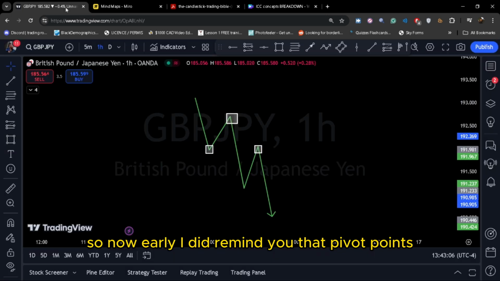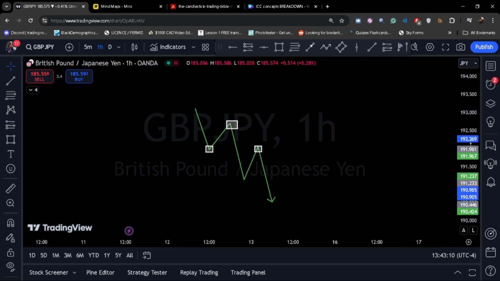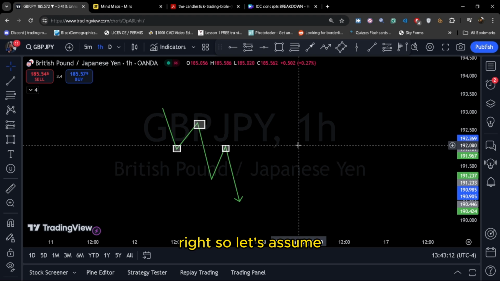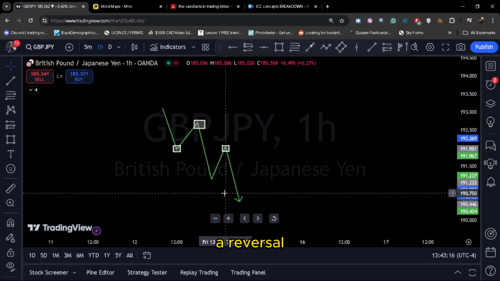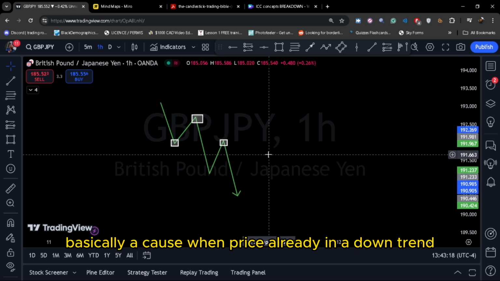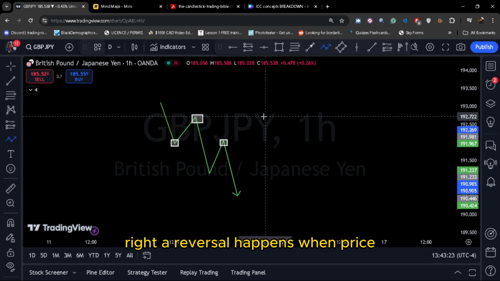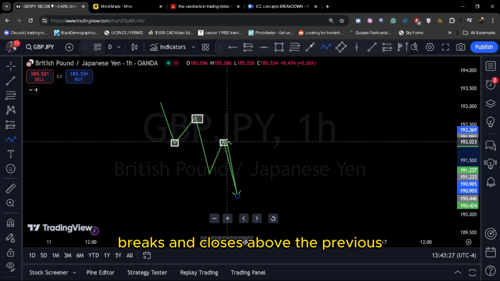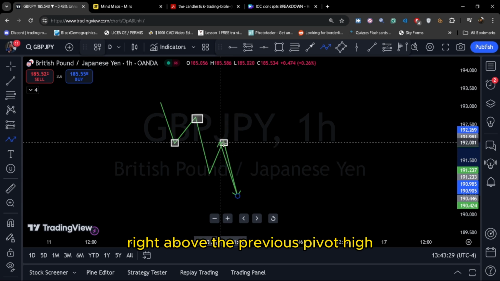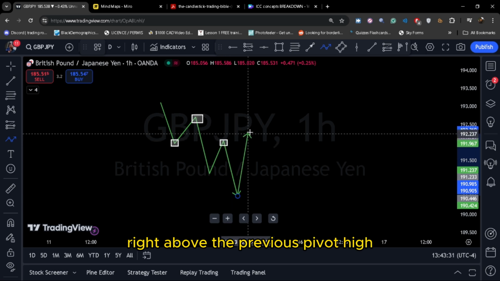Now earlier I did remind you that pivot points are used to figure out when a reversal occurs. So let's assume price was trending down. A reversal basically occurs when price is already in a downtrend and price breaks and closes above the previous pivot high.